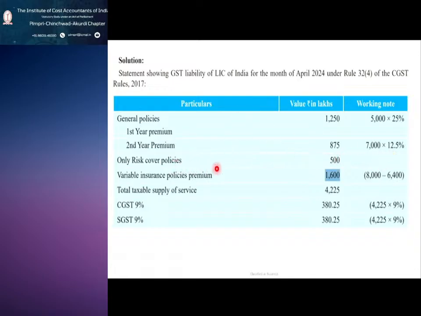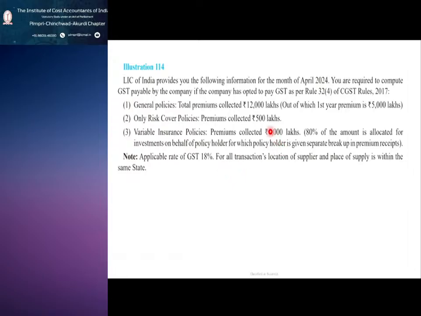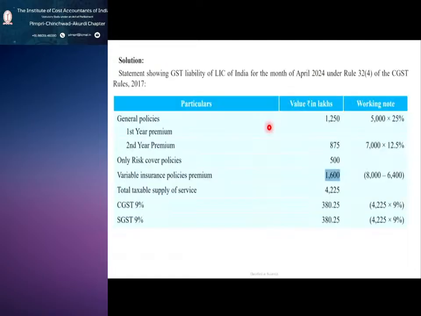Then risk cover policy, only risk cover. So only risk cover means you need to consider directly the entire number. So 500. Then the next one is variable insurance policies.